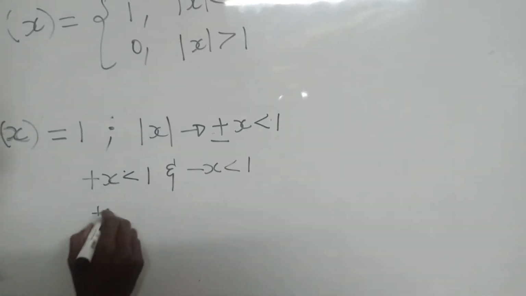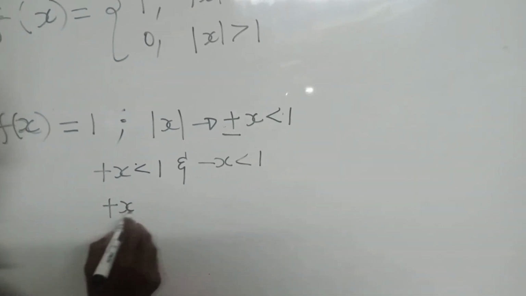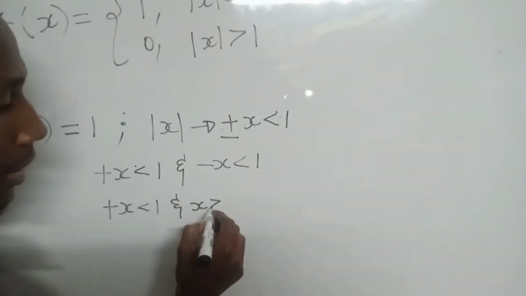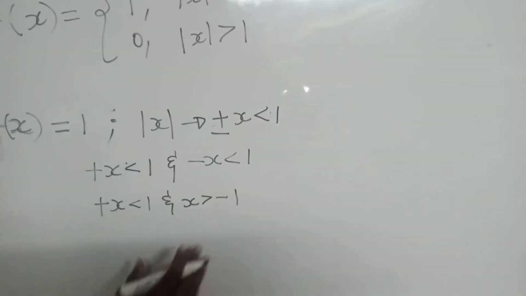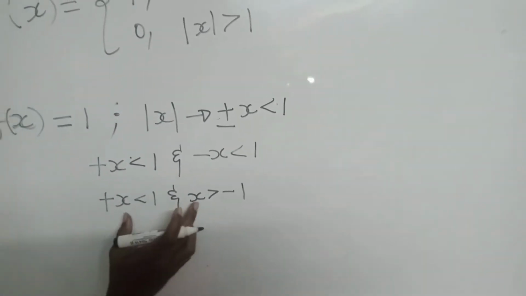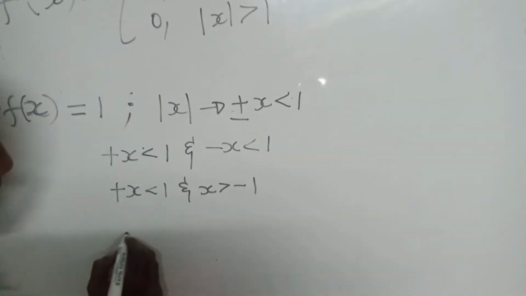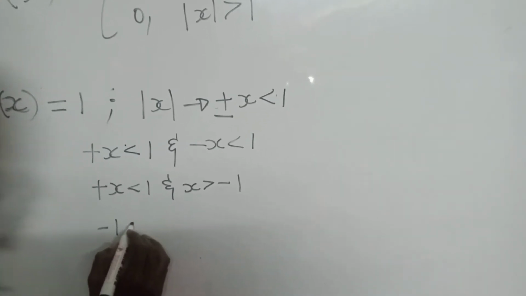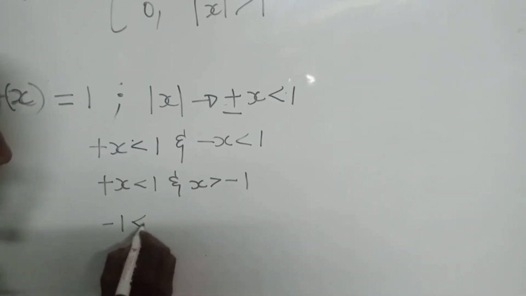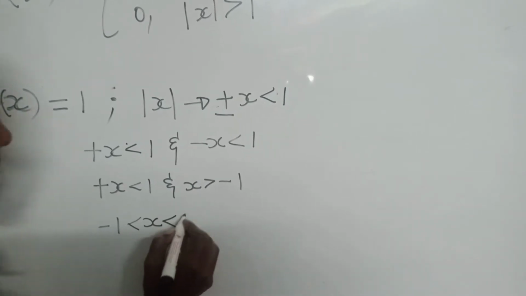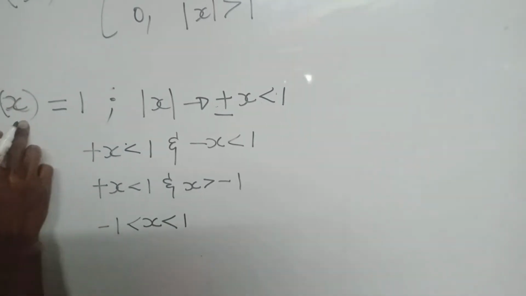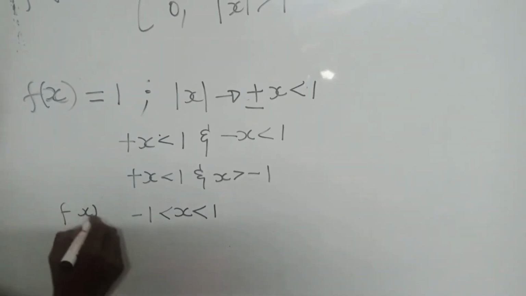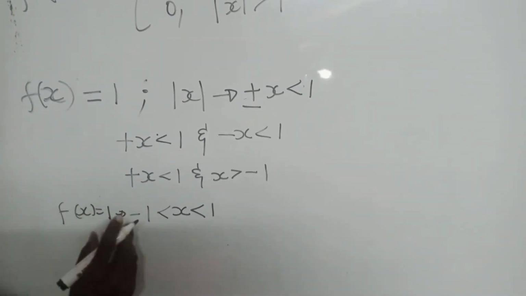We can rewrite this as x is less than 1 and x is greater than negative 1. Combining these two values, because we have a common x here, negative 1 is less than x is less than 1. That one is our function f of x equals 1.